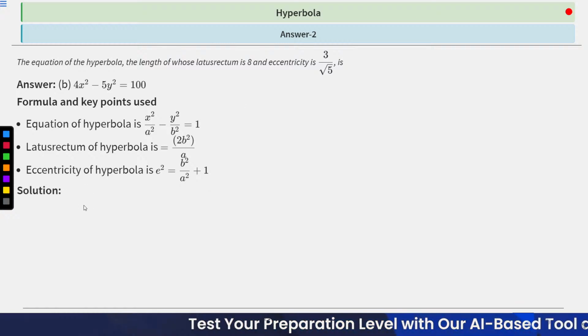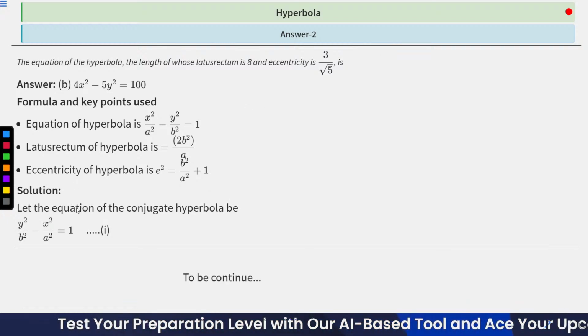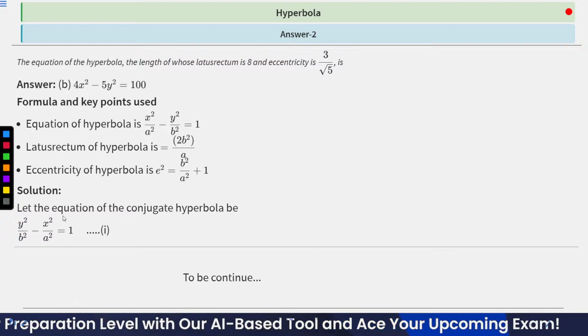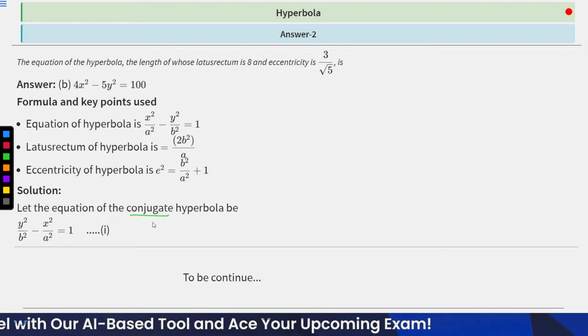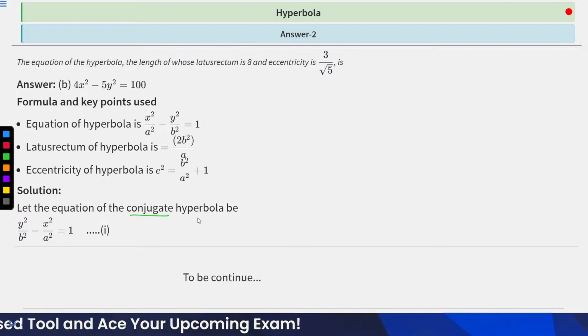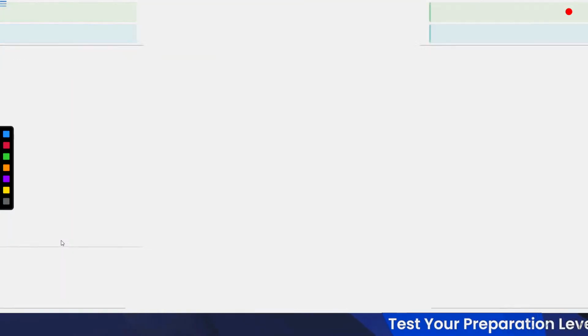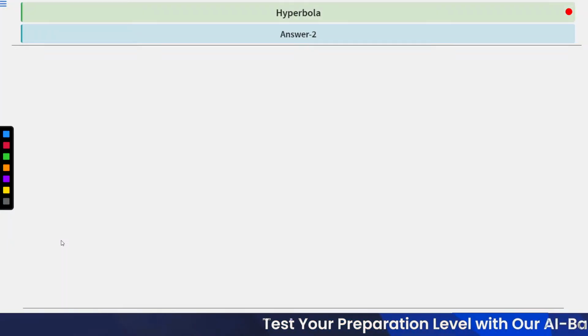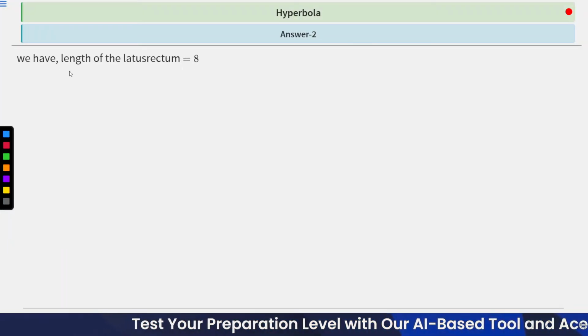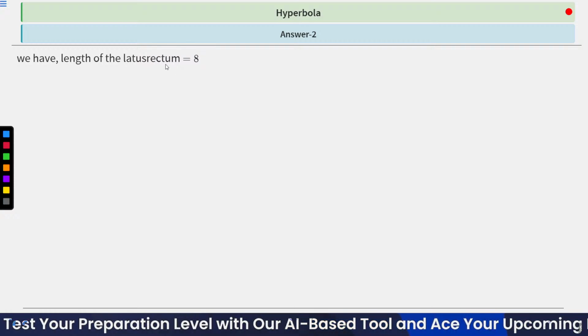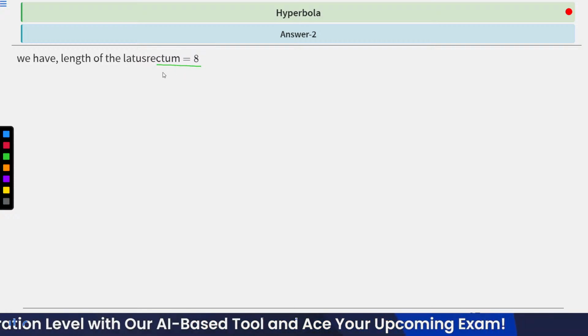Now the solution. So let the equation of the conjugate hyperbola be y square by b square minus x square by a square is equals to 1. We already have the length of latus rectum equal to 8.